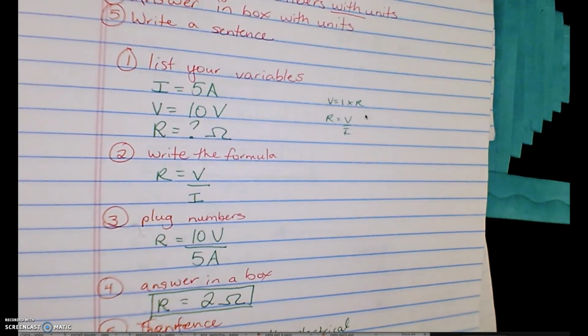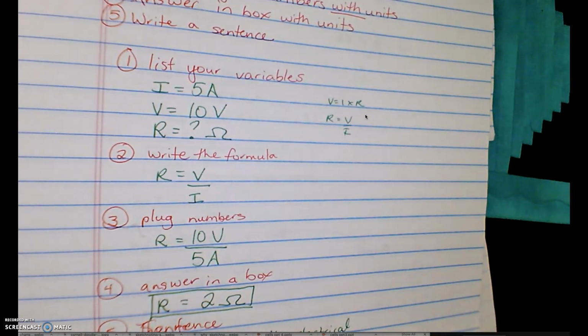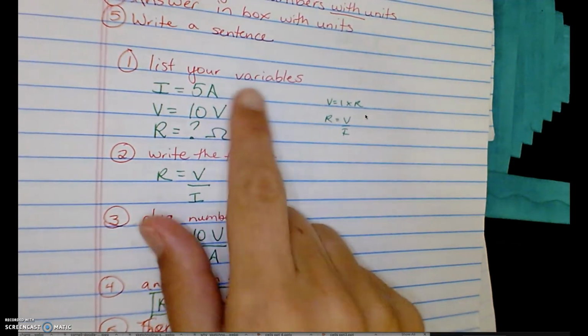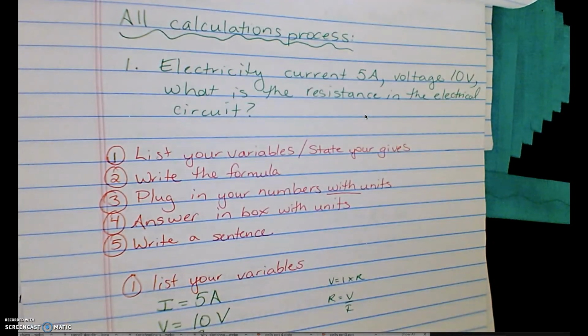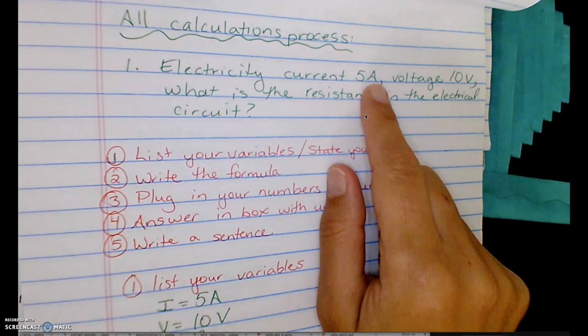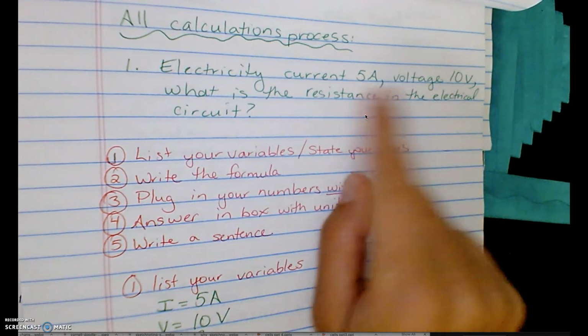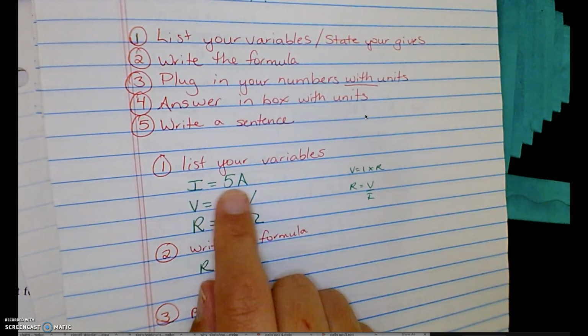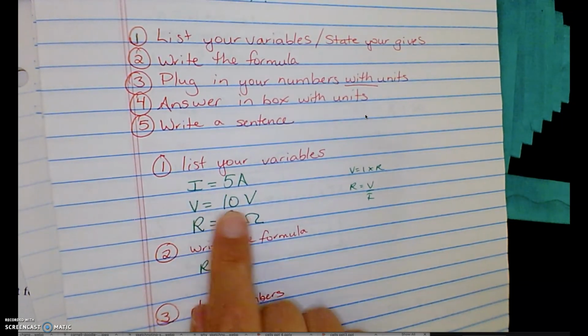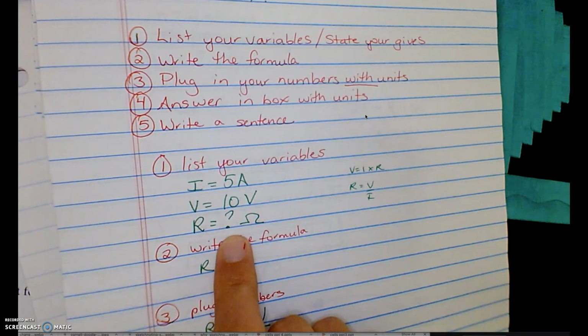So we went through this example before. I'm just going to go through it quickly in case you need to rewatch it in the video. You list variables. In this question, we just used electricity as a sample. The current was 5 amps, the voltage is 10 volts, and the resistance is what we're trying to find.